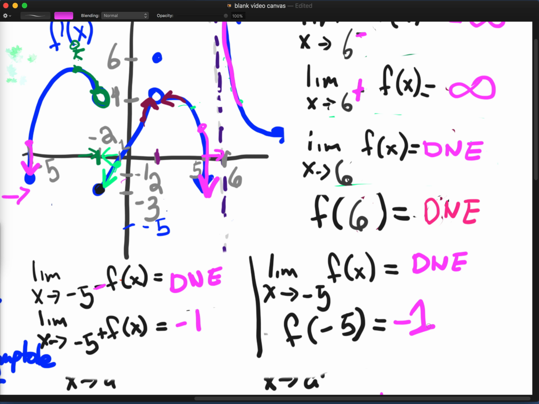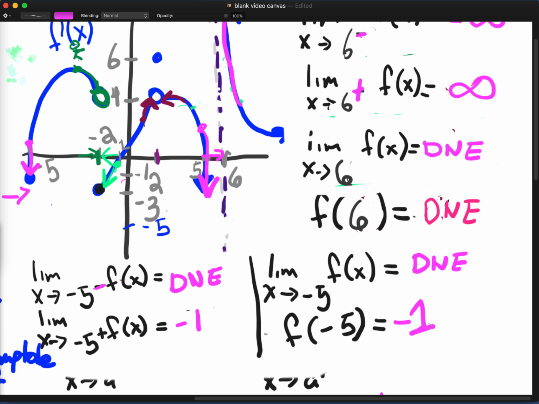So far we've kind of seen... oh yeah, go ahead. Why again is the limit as x approaches -5 not existing? Because it doesn't exist from the left. Remember, this has to be the same from both sides.